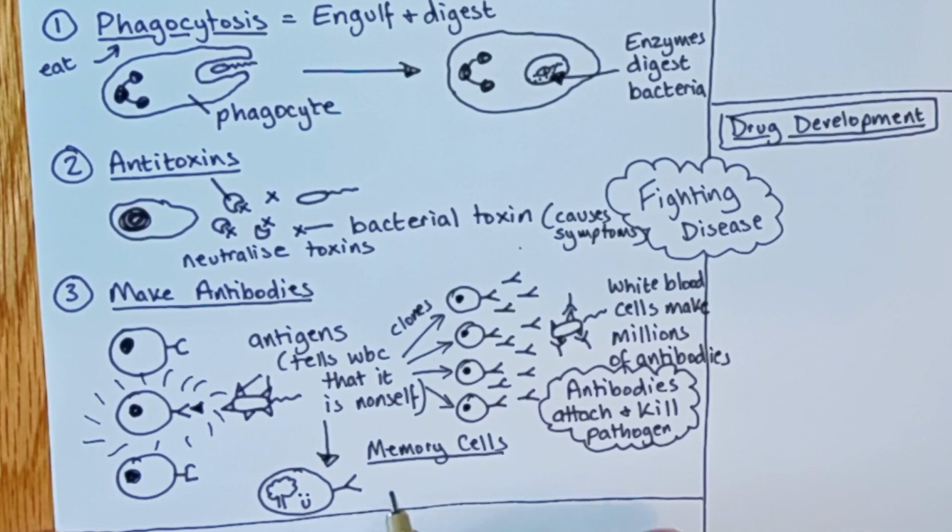And memory cells stay alive, ready for any other infection. If this type of bacteria comes back in, we've got a few of these ready to go. Instead of just 1 or 2 cells, we've got several hundred of them ready to go, and they make antibodies so quickly that they kill the pathogen before you even get any symptoms.